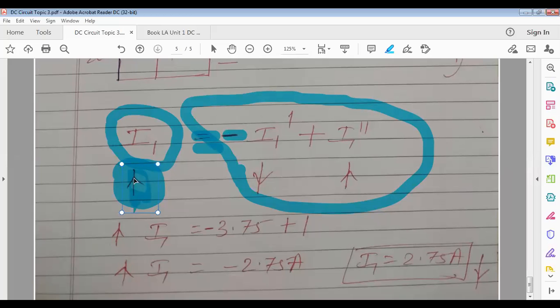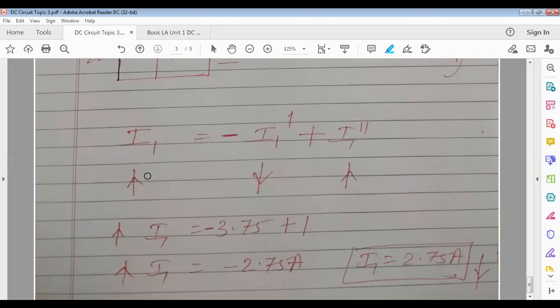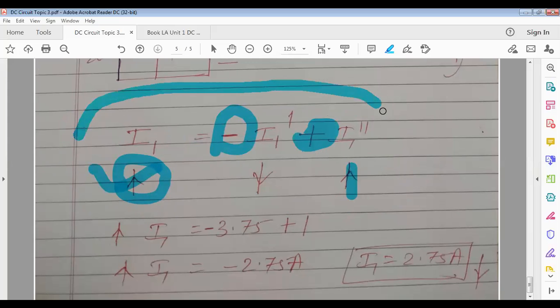I1 double dash is flowing upward, so with reference to this the sign will be positive. These two are opposite, that's why here it will be negative. These two are in the same direction, that's why here it will be positive. Is this clear? What the superposition theorem states, clear to all of you?